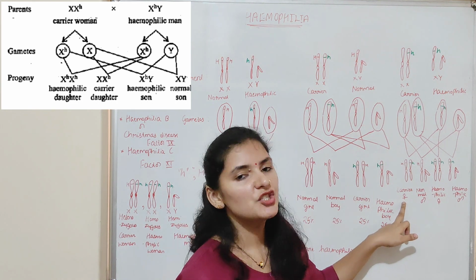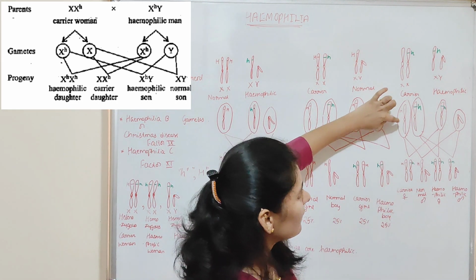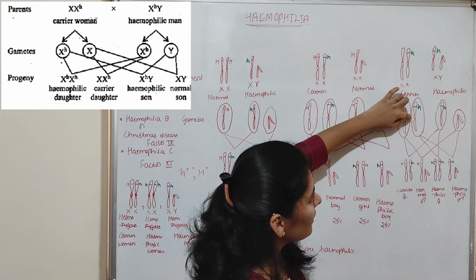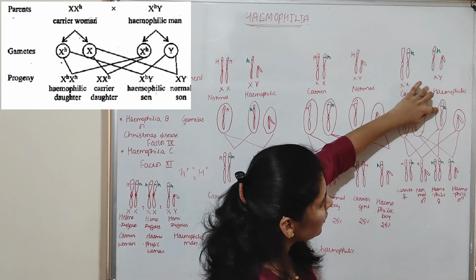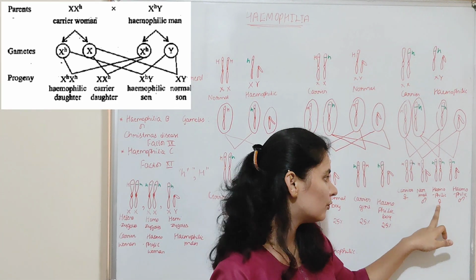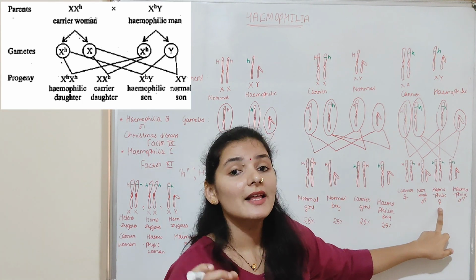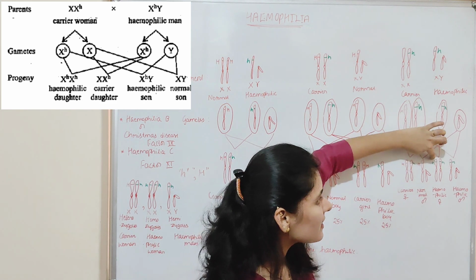A carrier woman will carry that abnormal gene for the next generation. Similarly, when an abnormal gene-carrying X chromosome fuses with a sperm carrying the abnormal X chromosome, it produces a hemophilic girl or hemophilic woman. In this case, that woman shows the symptoms of hemophilia because it is a recessive condition.